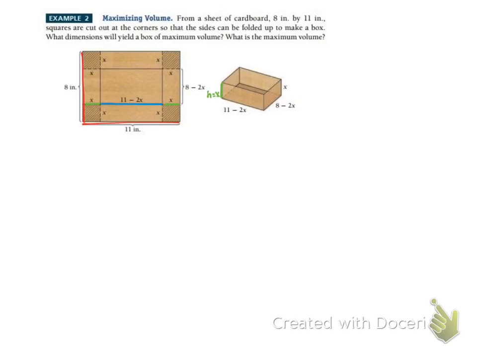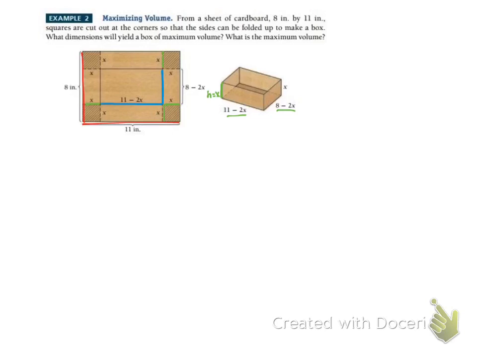And then this width right here will just be 8, because the total from here to here is 8, but we're taking away x and x, so we get 8 minus 2x. So now we have all three dimensions for our box. This is a classic problem, and you've probably seen it before in college algebra, so hopefully it's a little bit familiar.